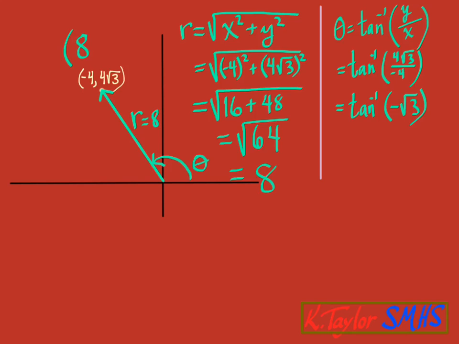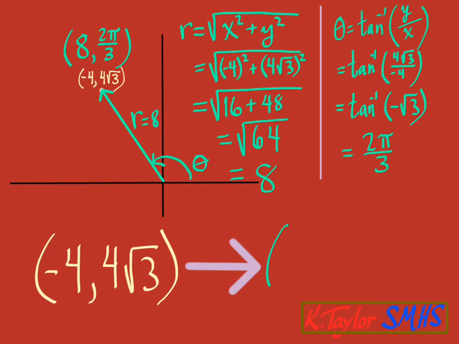One of them is in quadrant 2, the other one's in quadrant 4, and my point's not in quadrant 4, so I use the quadrant 2 angle, which is 2 pi over 3. So if you know your tangent values around the unit circle, you're going to save yourself a lot of grief in this process, I promise you. So there we go. We did it. We took the point (-4, 4 root 3) and converted it to (8, 2 pi over 3). That's the polar coordinates there.